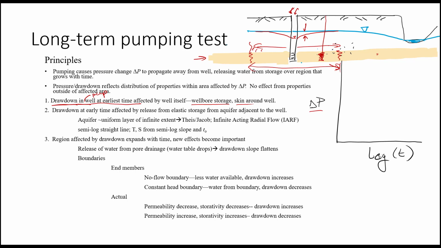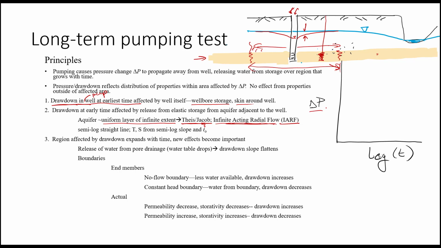And if we just say that this is an idealized aquifer and it's uniform, at this point we don't really see any effects of the edge of the aquifer. And if it's uniform, then what we're going to have is a behavior that is typical of a uniform layer of infinite lateral extent. This is represented by the Theis solution and the Jacob's approximation. And this is also called an infinite acting radial flow condition, or IARF.